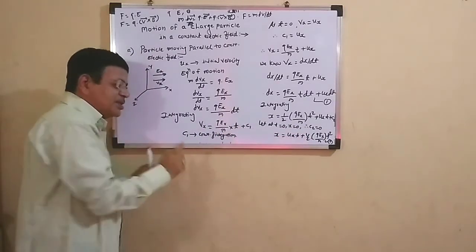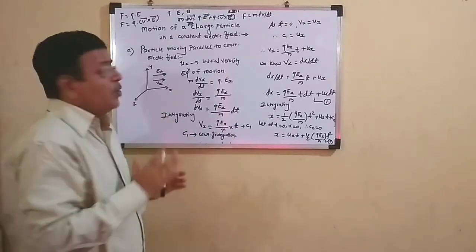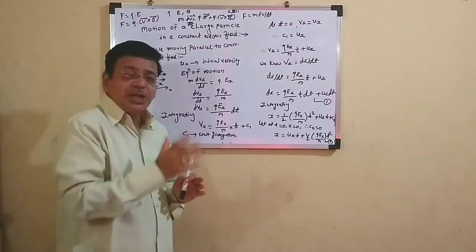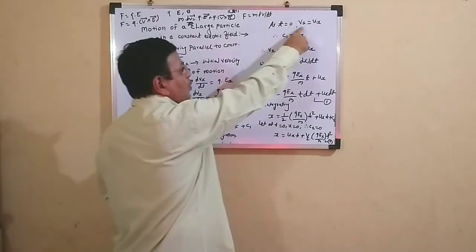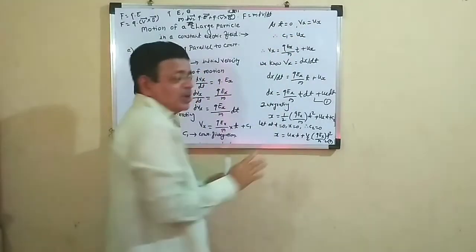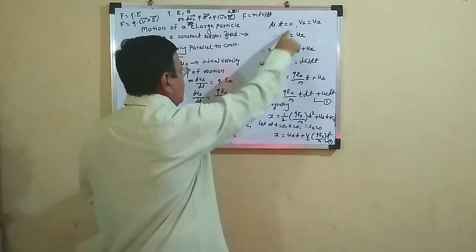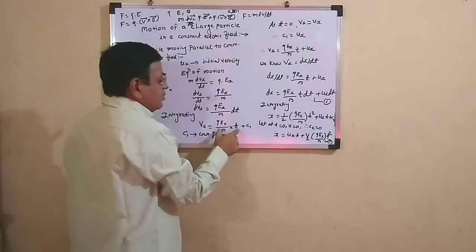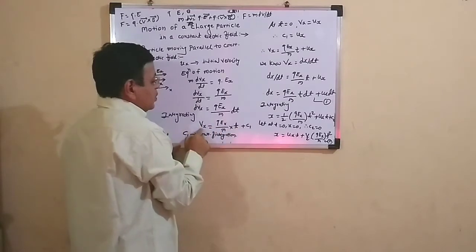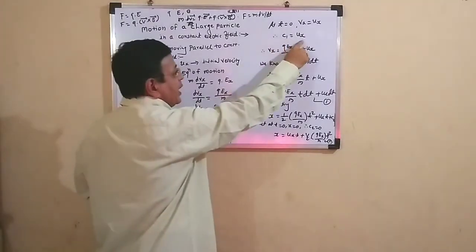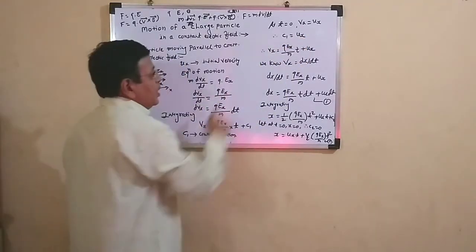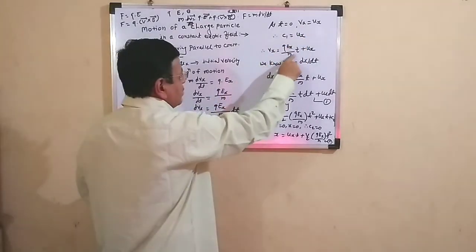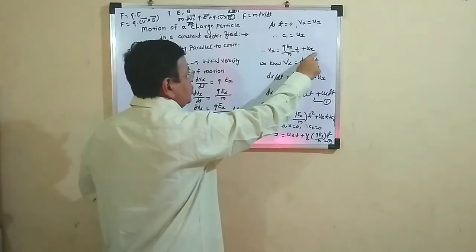We find the value of c1 by considering the initial condition that at t is equal to 0, Vx is our initial velocity ux. If we put t equal to 0, this term becomes 0, then Vx is equal to ux, so c1 is equal to ux. Putting this value of c1 into the equation, we get Vx is equal to qEx upon m into t plus ux.